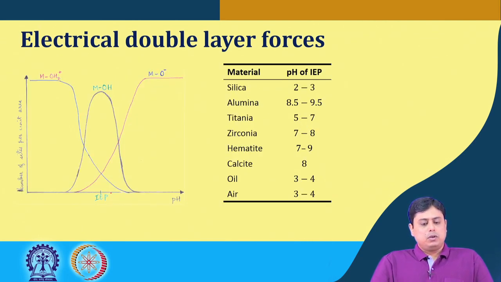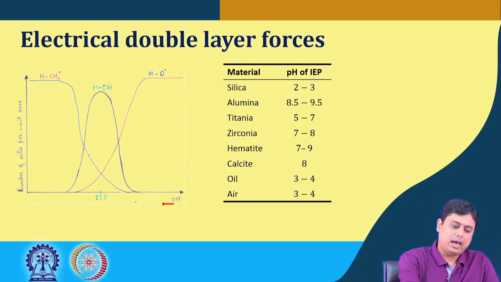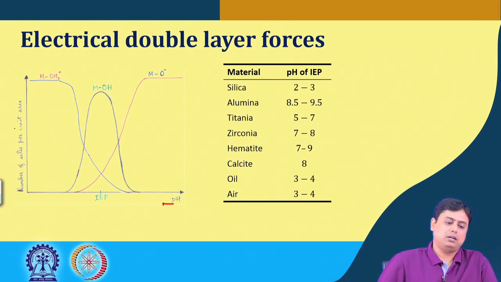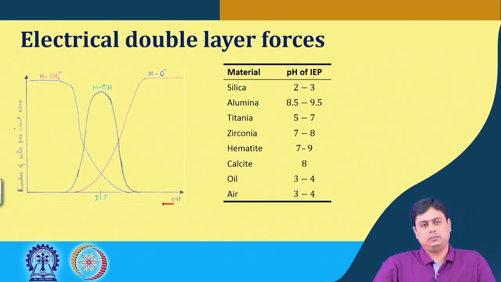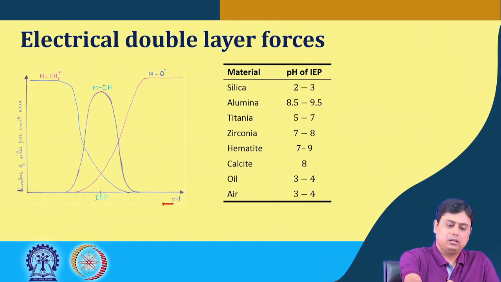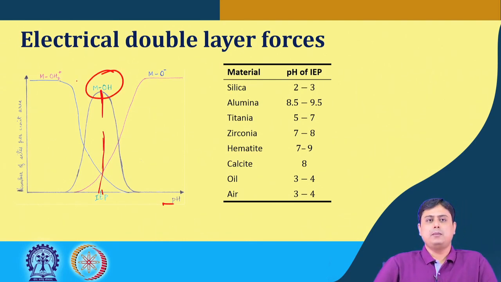Now, this schematic shows the variation of pH and the number of sites per unit area. And this point, where the maximum number of simple OH hydroxyl groups exist, is the IEP or the isoelectric point.